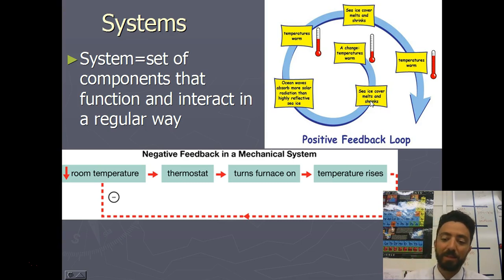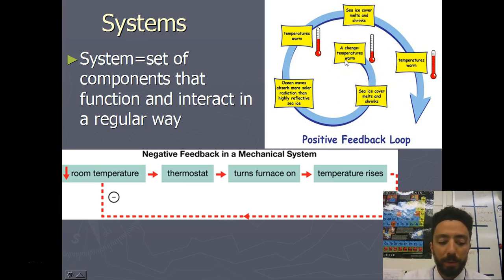And so as it melts, we're replacing white reflective ice with dark colored, dark blue, dark green colored ocean water, which absorbs heat very well. And so it absorbs even more heat, which warms up the local environment. In turn, that melts more ice, which lowers the amount of sunlight we're reflecting, and so on and so forth. And you end up with a never-ending cycle.